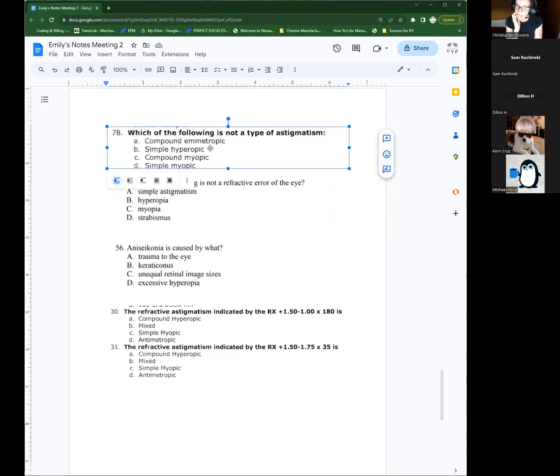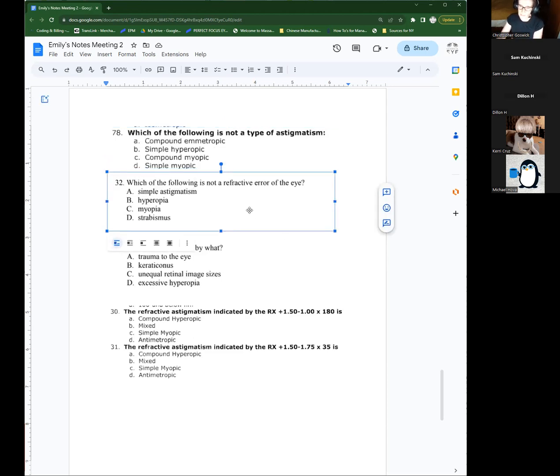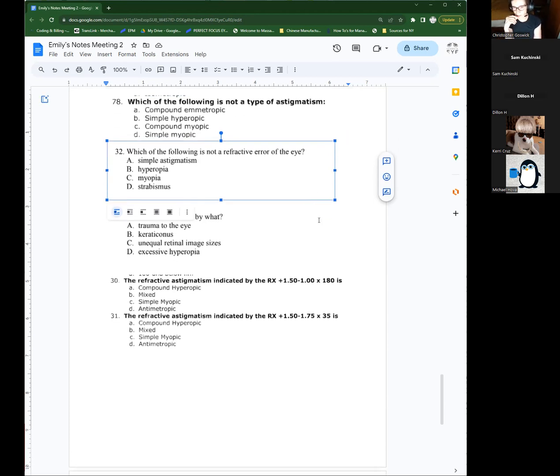Basically, you have to know the different types of astigmatism, the three at the bottom: the simple hyperopic, the compound myopic, and the simple myopic. Those are types of astigmatism. Compound emetropic isn't one. You have to be familiar with which ones are for that.